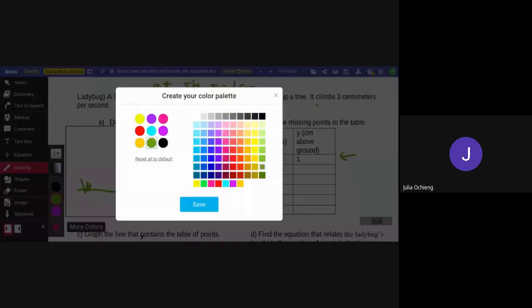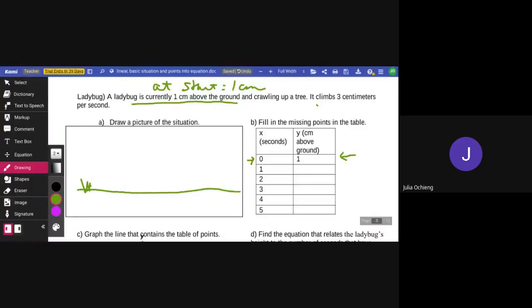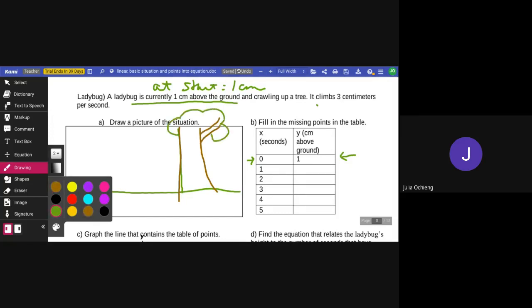Oh, we're going to need more colors right there. It's a bit brown right there. So here's my tree. And then my ladybug. So my ladybug is currently 1 centimeter, so we're going to make that right here.